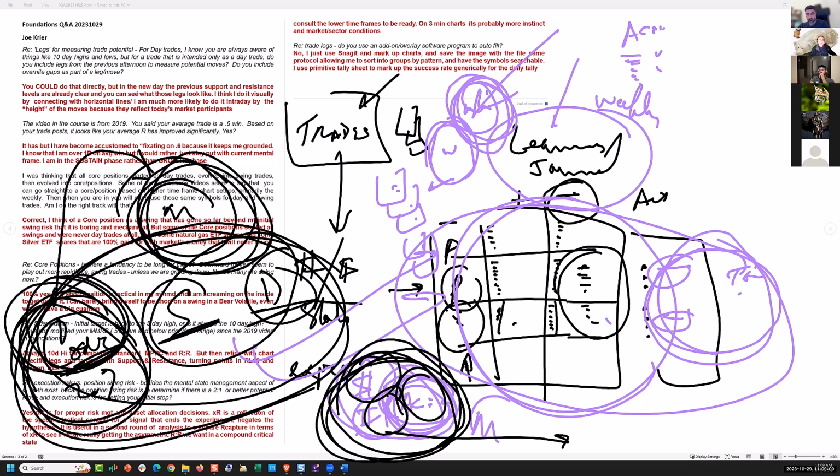And then at the end of the month, any money that I made is officially mine, and that's where the 20, 40, 40 reset occurs. And I usually make more money out of day trading than I do out of swing and core.